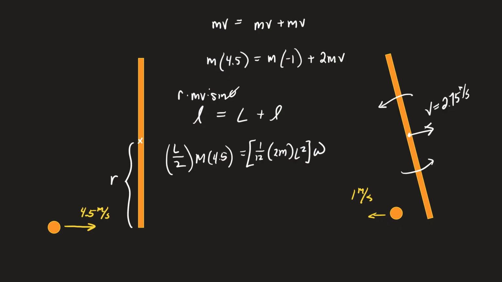But I have to deal with the puck still, and the puck is going to have its angular momentum, which is still L over 2, because that's still relative to this distance, times m times -1. And I'm leaving out the sine of 90. That's it. That's how you find omega. And that part's arithmetic, and I'm kind of done waiting on arithmetic today. You guys can do arithmetic.